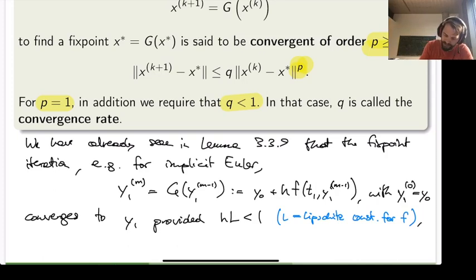But the convergence is only of order 1. Is only linear.